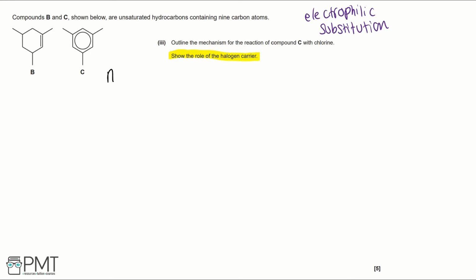An example of a halogen carrier could be aluminium chloride, AlCl3. And then we're going to add chlorine and produce a Cl+, that is going to be our electrophile. And then we also produce AlCl4-, which we're going to come back to at the end when we show how the halogen carrier can be reformed.